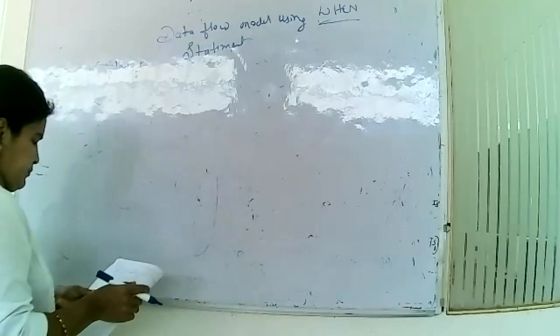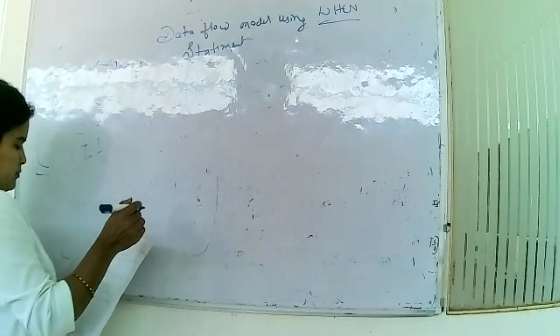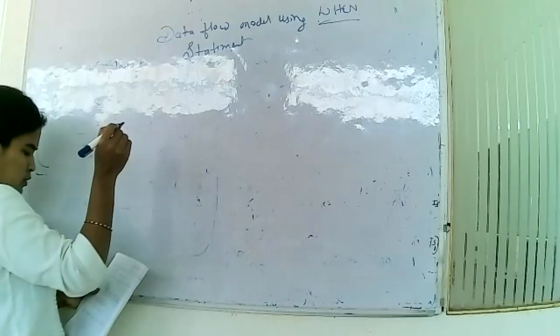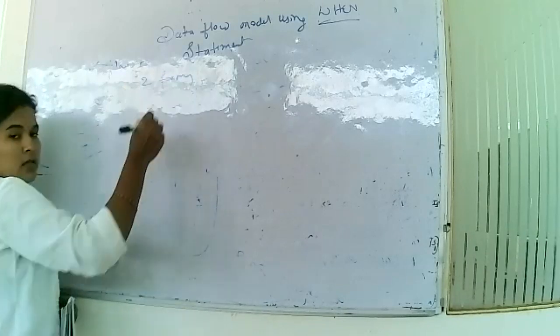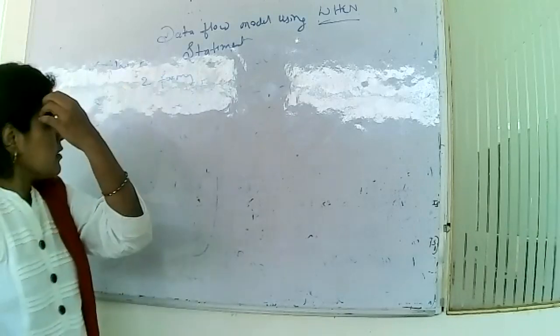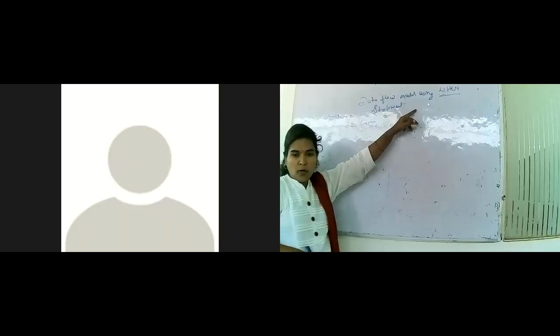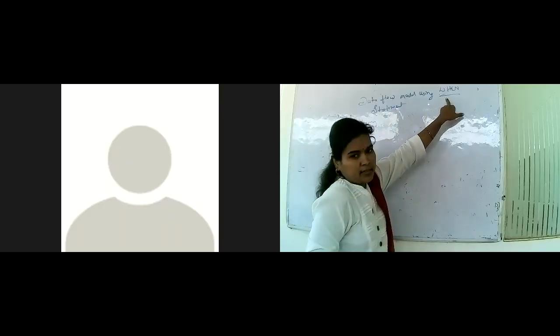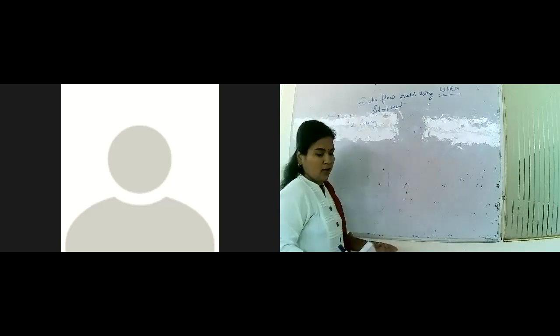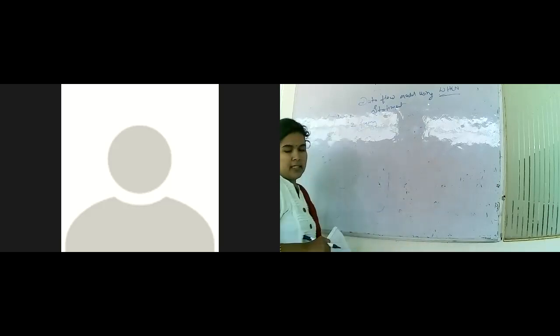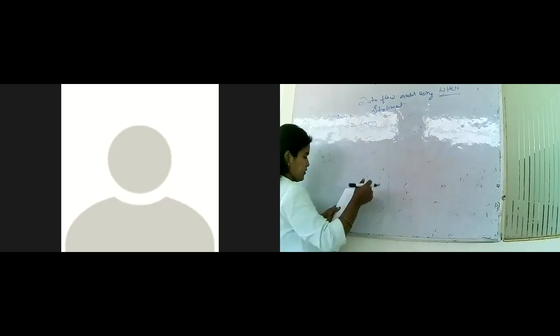There are two forms. See what we are studying now? We are studying data flow model using which statement? When statement. For the when statement, you have two types of forms. One is the simple form, next is selected when.